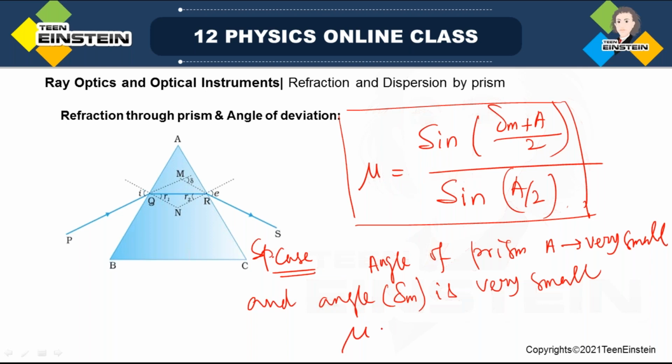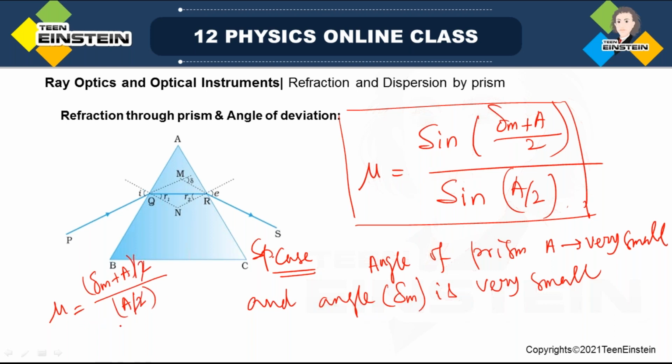Okay, so I can write mu is equal to, see, I'll just do the calculation on the left hand side and write the final answer. If both the angle of deviation and angle of prism are very small, for that case what will happen? Mu will be, since sine theta is equal to theta, delta m plus A divided by 2, whole divided by sine A by 2, which will be equal to A by 2.